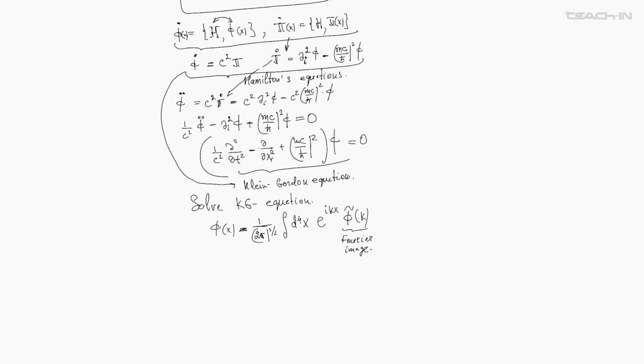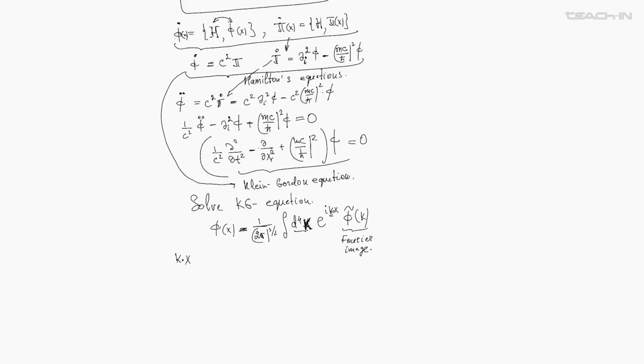This is an integral over k. So I'm integrating the Fourier image over k, and I get the original field phi of x. The product k multiplied by x is a Lorentz-Poincare invariant scalar product, which is by definition k mu x mu.